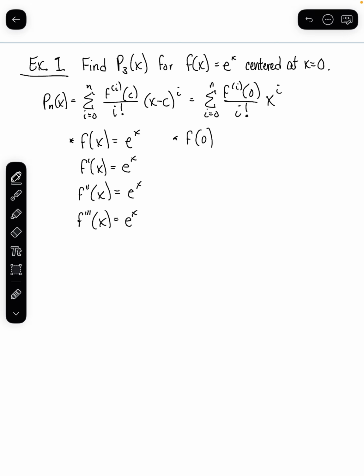We also need the value of each of these at the center, at the target value, x equals 0. And fortunately, since all of them are exactly the same function, they also all have exactly the same value for the ith derivative at 0.